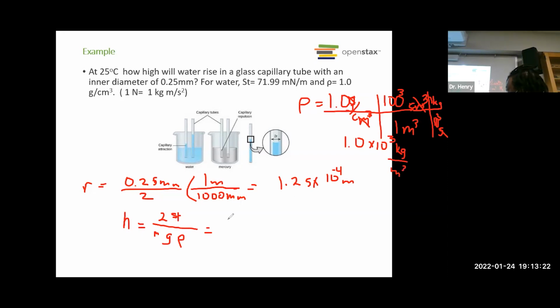Then I just plug it all in, right? Oh, we have to change this into newtons, so we know that's 7.199 times 10 to the minus 2, that would be newton per meter.